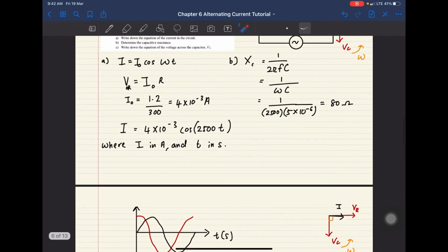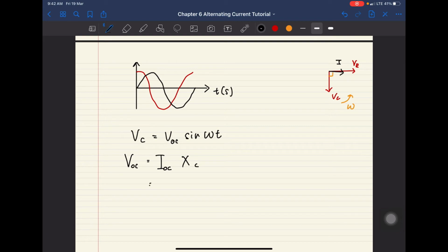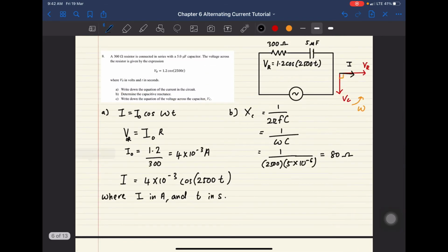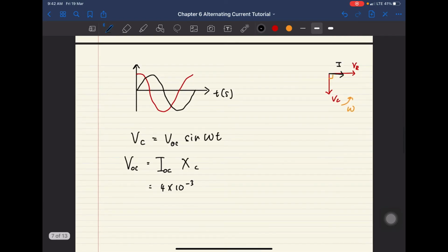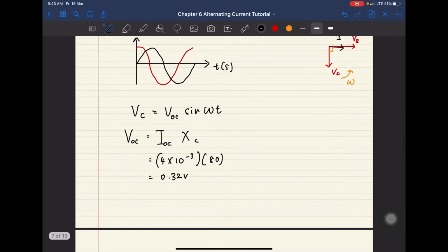So basically it is just I naught. So the I naught C is I naught. So it will be 4 times 10 negative 3. And we already have the value of XC, which is 80. At 0.32 volt.